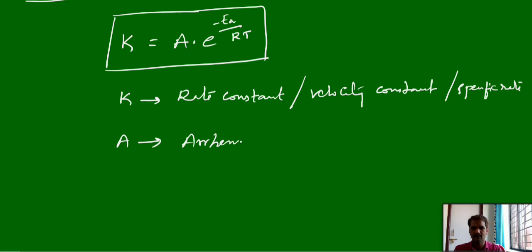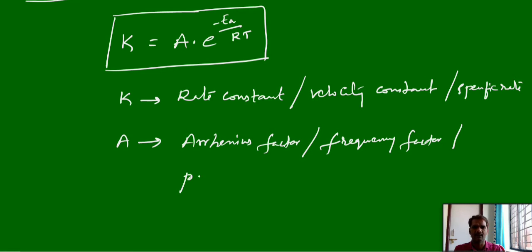We can say it is the Arrhenius factor or frequency factor or pre-exponential factor. Why? Because it comes before the exponential term, it is called the pre-exponential factor.